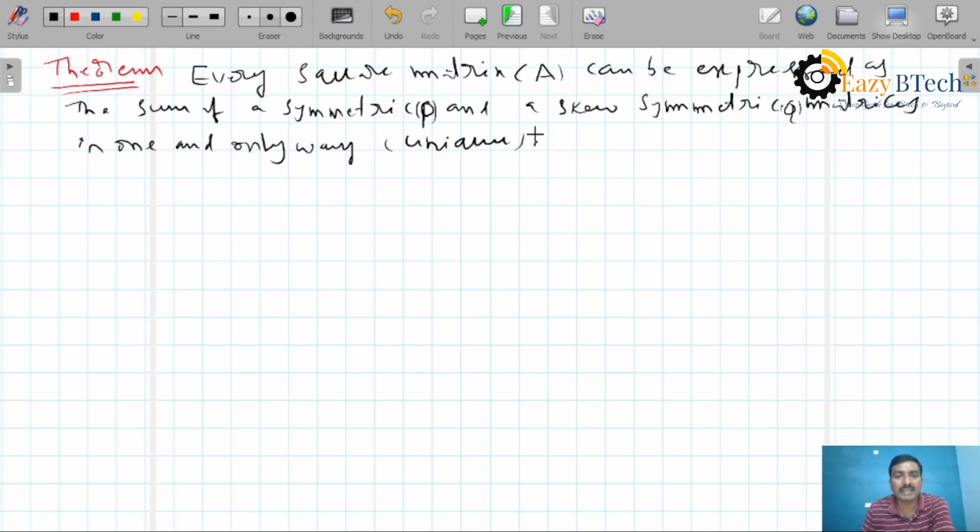What is the meaning? Suppose A is a square matrix, then A can be written as P plus Q, where P is symmetric and Q is skew symmetric.